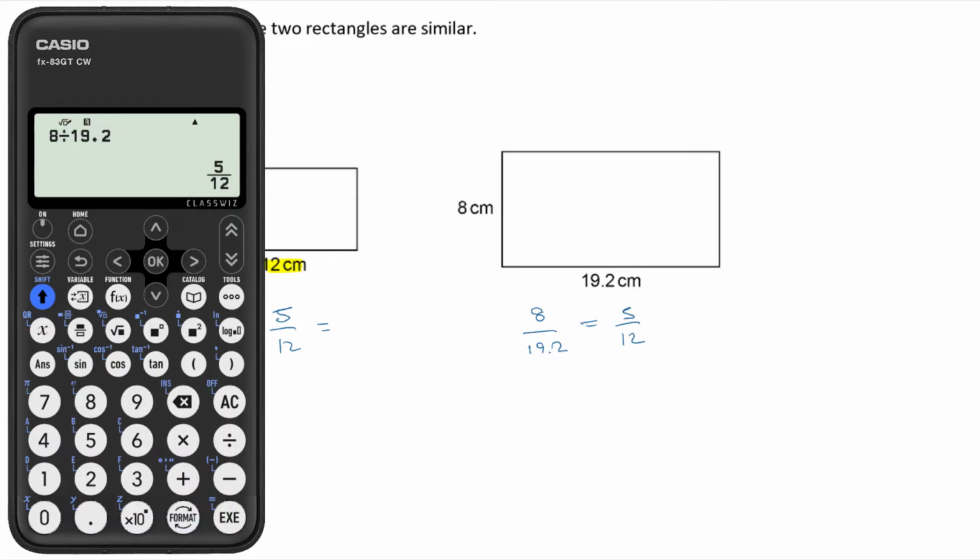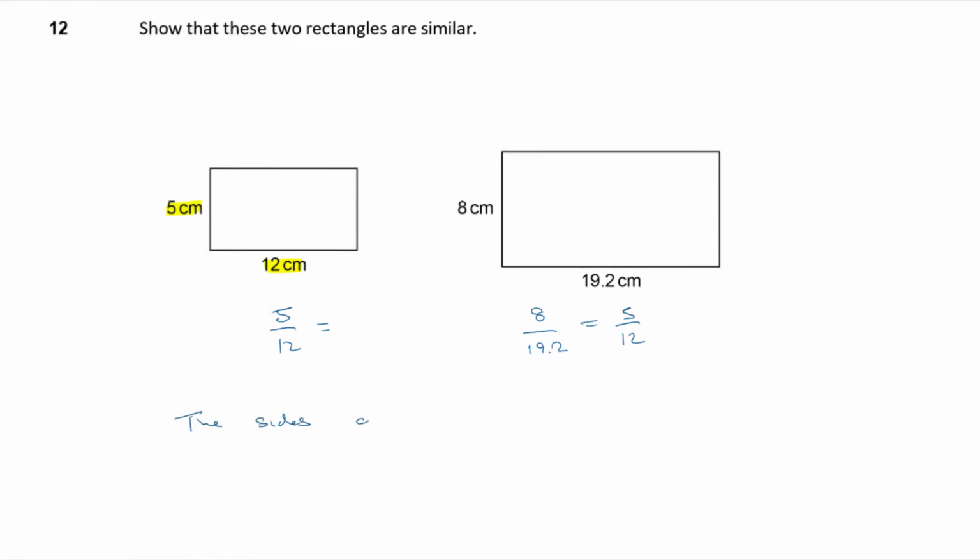So we can say the sides are in the same ratio, which was 5/12, and so the rectangles are similar.